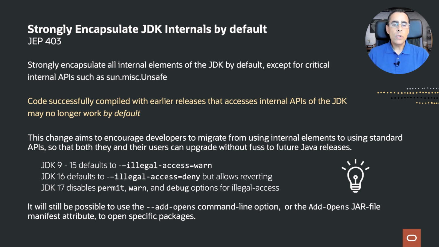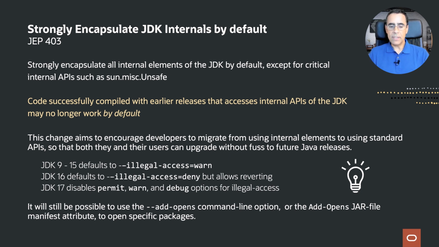Instead, we chose to only add more explicit warnings with 9, and we said we would wait a prudent amount of time before we started enforcing encapsulation. 4 years later, a prudent amount of time has already passed. With JDK 16, we went from still accessible, but with warnings by default, to no longer accessible by default. But it was still possible to relax encapsulation of all packages with a single command line option.